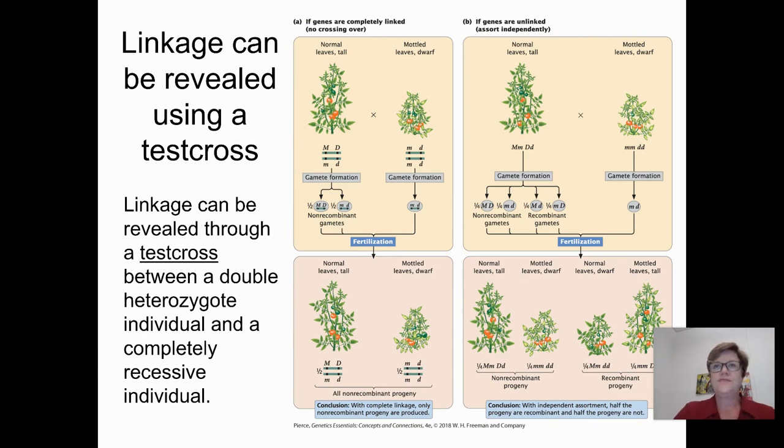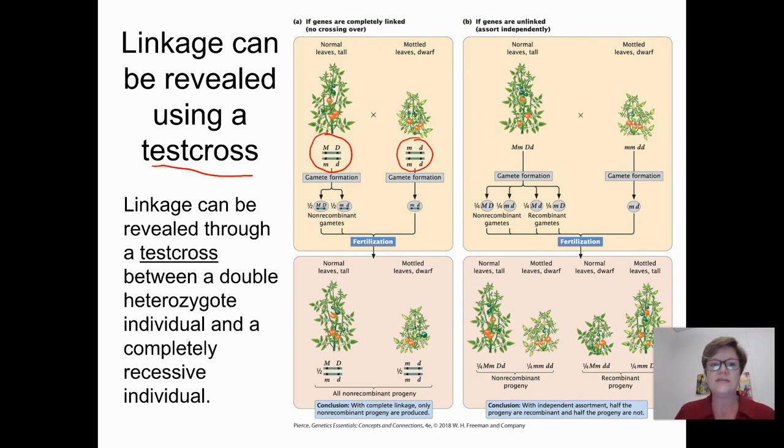So like I said, if you did a dihybrid cross and you didn't get a 9:3:3:1 ratio, then you might back up and take one dihybrid individual and do what we call a test cross. And that would be you would take your double heterozygous individual and cross it to a completely recessive one. And this is how we're going to be able to figure out if the genes are linked and really determine the distance between the genes.